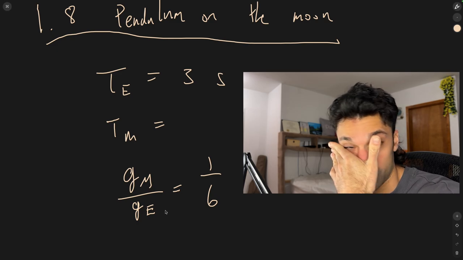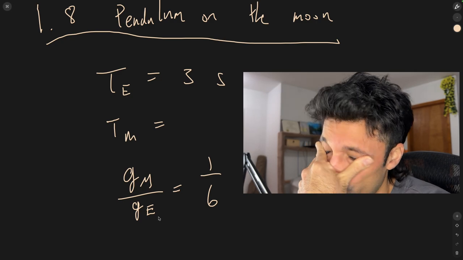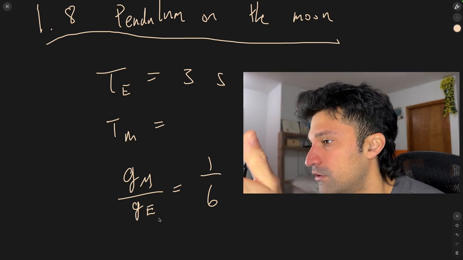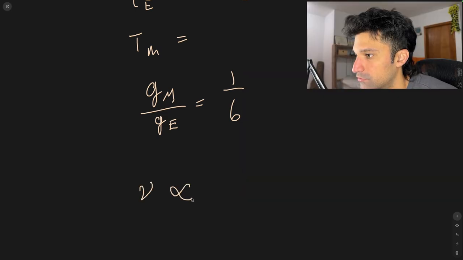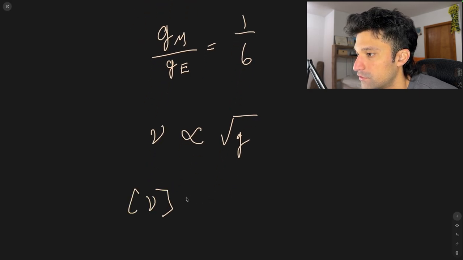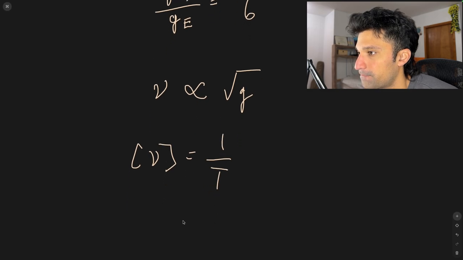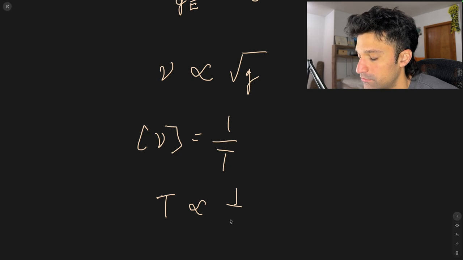So why don't we find out the relationship between period and g? We know that the frequency was proportional to the square root of g, right? The units of frequency is 1 over time. That means that the period should be proportional to 1 over the square root of g, g to the minus 1/2.